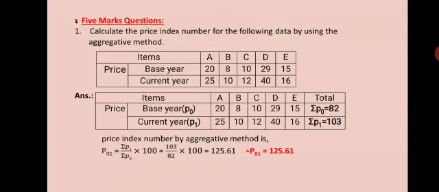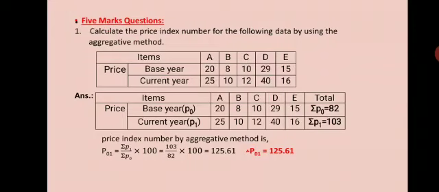If we add all P0 values, that is base year prices, that is 20 plus 8 plus 10 plus 29 plus 15, then we will get summation P0 equal to 82. And if we add all current year prices, that is 25 plus 10 plus 12 plus 40 plus 16, then we will get summation P1 as 103.